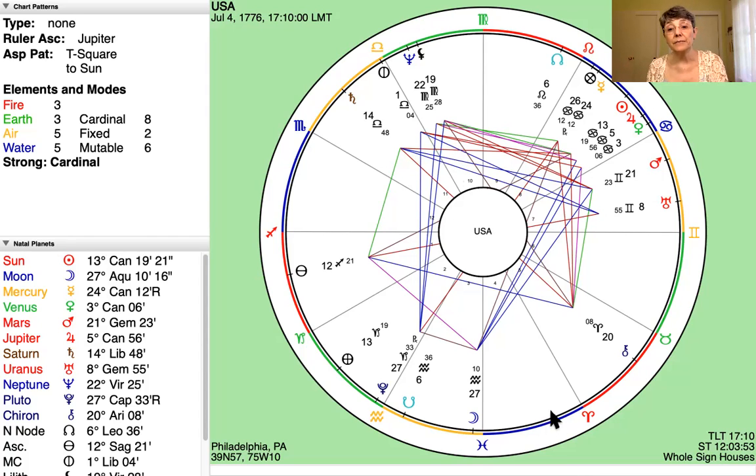The first time Neptune reached 22 degrees 25 minutes was on May 2nd, this year. So a couple of months ago, maybe 2-3 months ago. And then on March 1st, 2022, Neptune will be retrograde at 22 degrees, 25 minutes of Pisces, opposing.